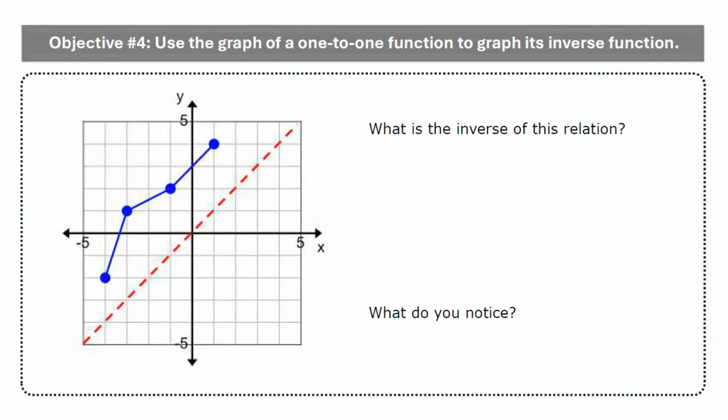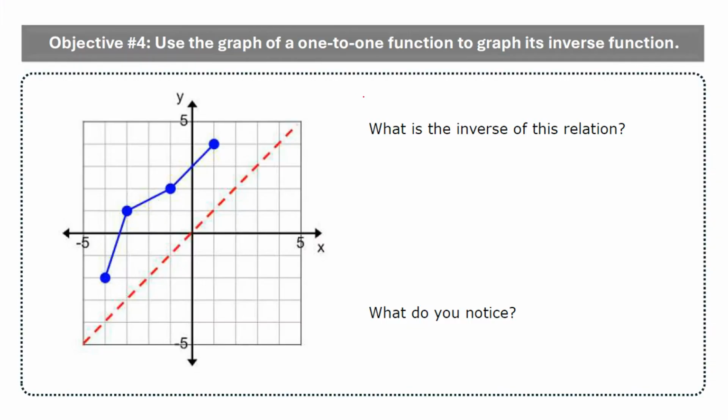All right. Objective 4, use the graph of a one-to-one function to graph its inverse function. All right. So what is the inverse of this relation? Well, we know from the beginning of this section that if we're given a relation, which could be a set of ordered pairs, we know that the inverse is going to be the x and y values switched.